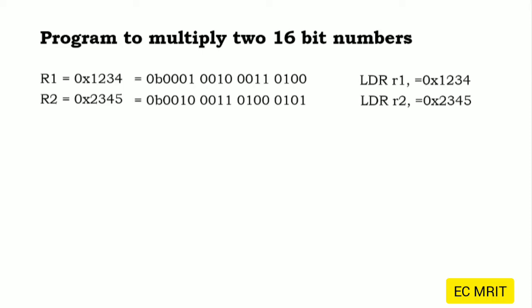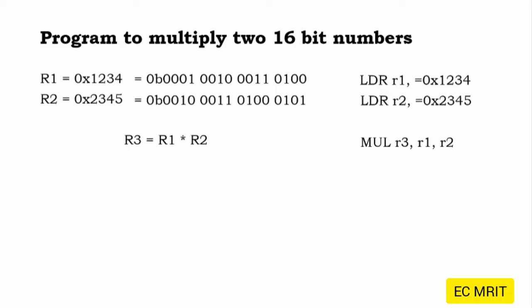Now we have taken two values in two registers. Next we'll multiply these two values, that is, we'll multiply R1 into R2 and the result will be stored in R3. To do that, we have an instruction, MUL R3, R1, R2.